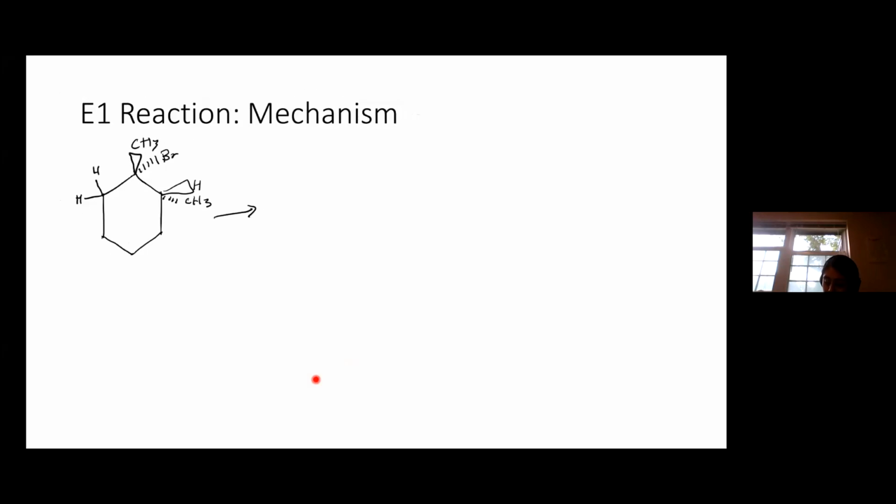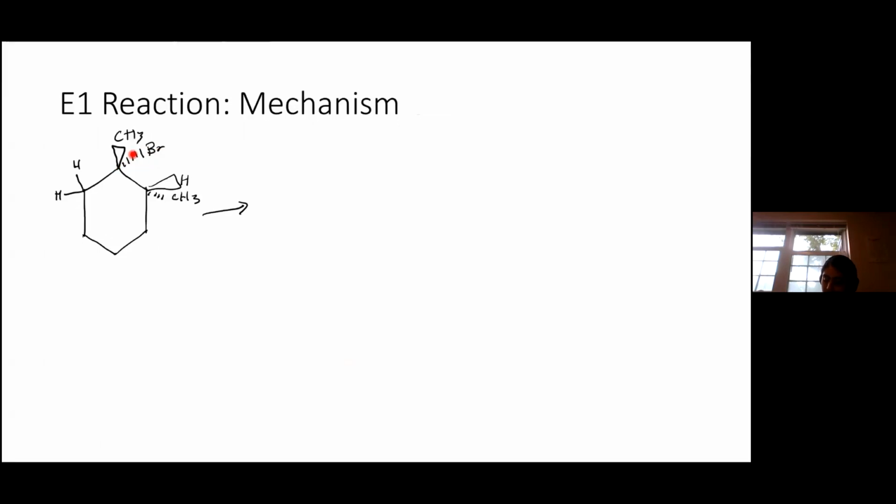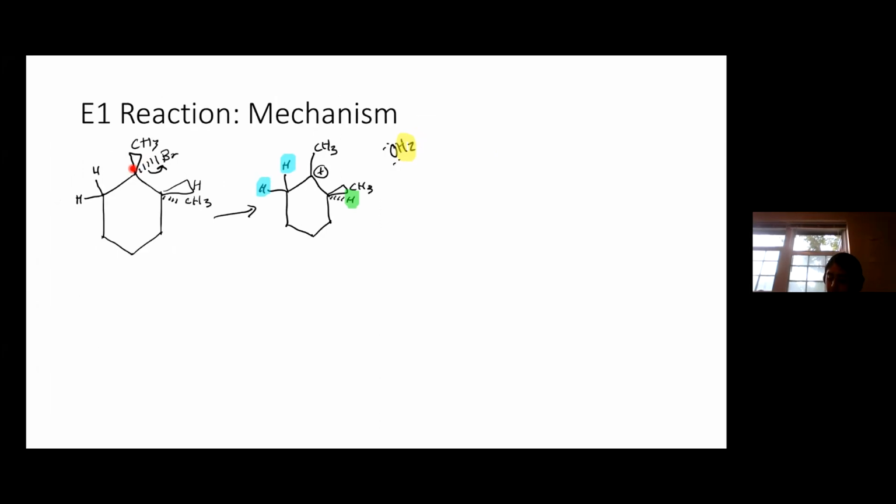First step, again, we have the Br, our leaving group, leave. So we have an arrow from this bond right here to the Br, because the Br is going to take those electrons, and as it does that, it forms a carbocation. You can see the arrow right there, and now we have our carbocation right here.